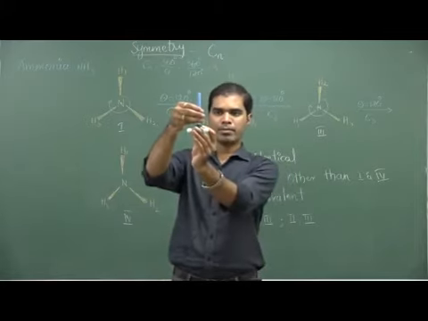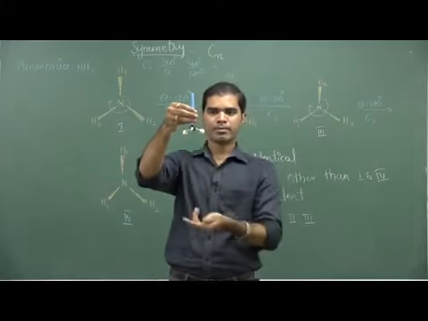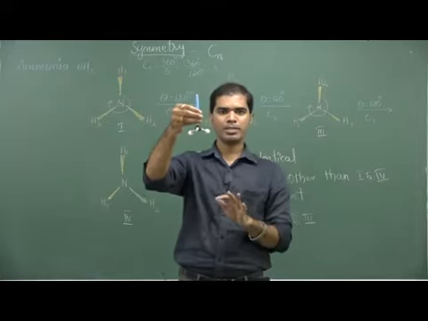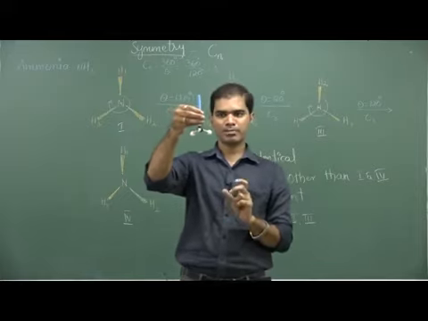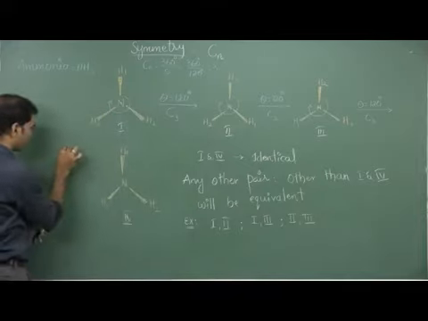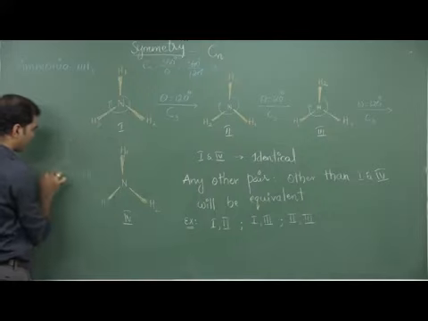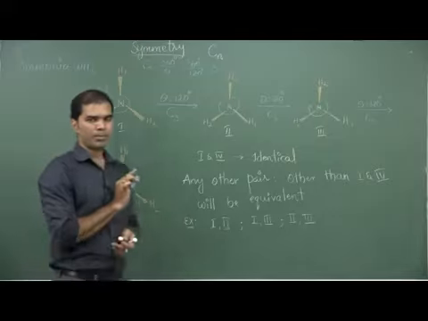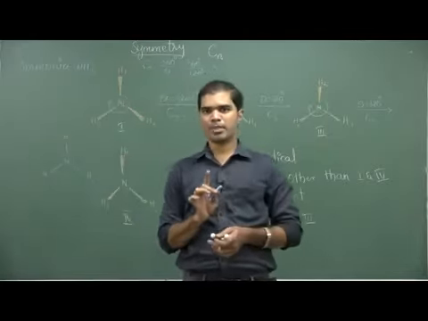We'll try to check whether C2 is present or not. So when I try to rotate by 180 degree, on paper it may look like C2 is present for some students, because wrongly if we represent ammonia in this way, here the 3 bonds are looking like in plane, but ammonia is not a planar molecule, it is a pyramidal molecule.